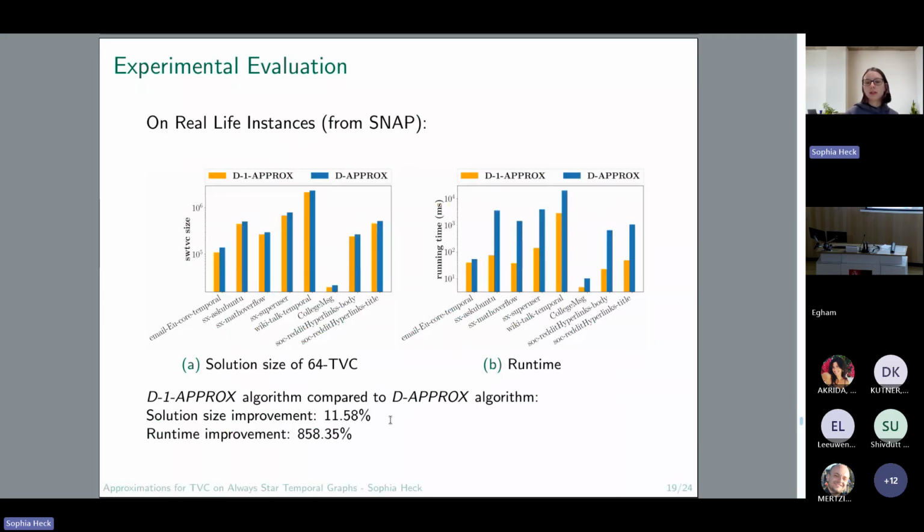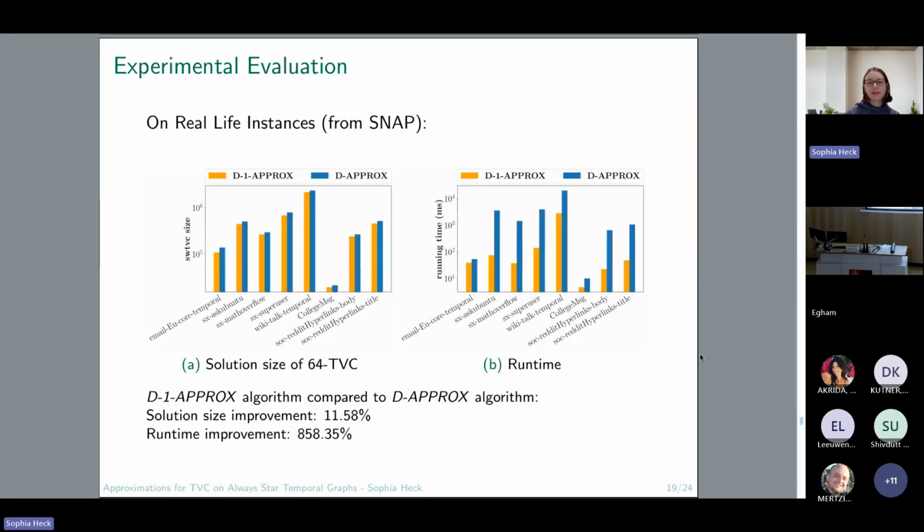And it was actually a little bit surprising because if you recall, the D-1 approximation computes a better approximation ratio, but also takes, I think, squared the amount of time compared to the D approximation. However, in practice, we observed that solution size was better as expected. However, also the runtime of the D-1 approximation was much better.